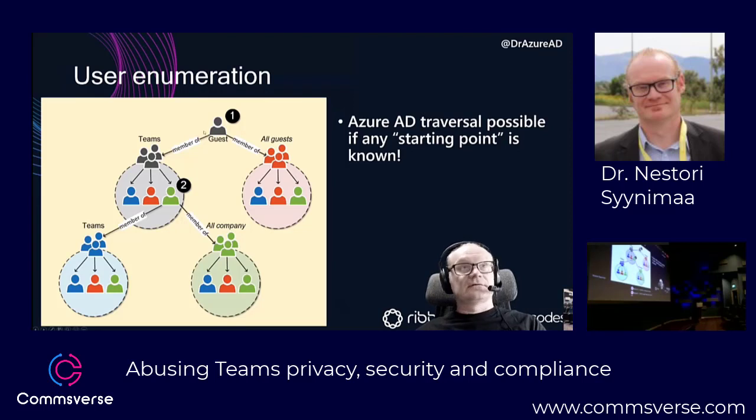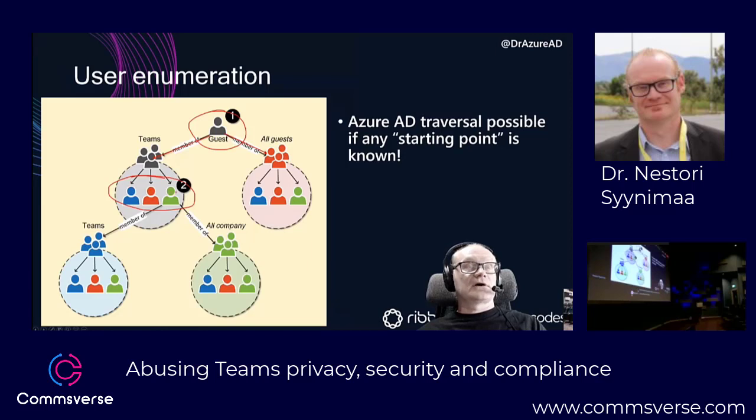Let's start here. For instance, if you start doing the user enumeration as a guest, you know the starting point, it's you, and you can see which teams you are a member of. Also, you can see the other members of that group. So if you are a member of these teams here, you can see who else is there.